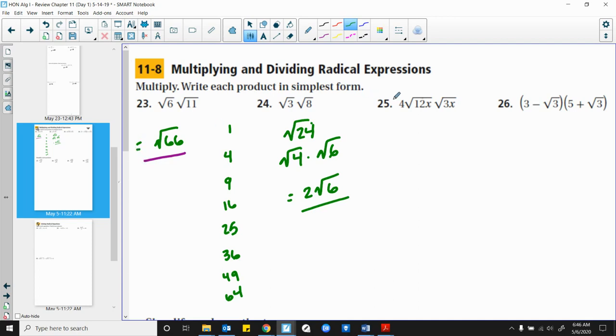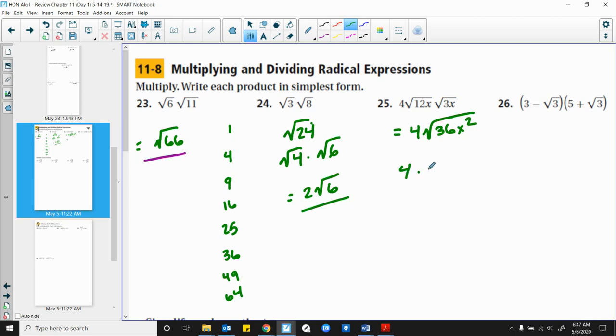All right. 4. We're going to go ahead and multiply everything here. We're going to get 4 radical 36x squared. Okay, 12 times 3 is 36. X times x is x squared. Now, these are like 2 different square roots.